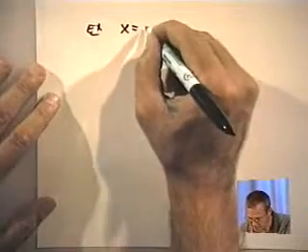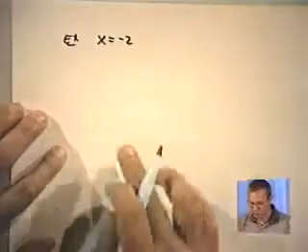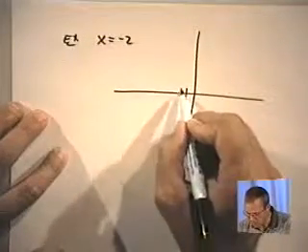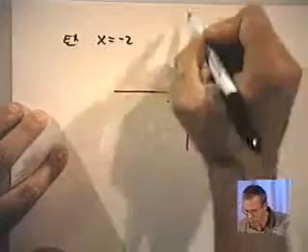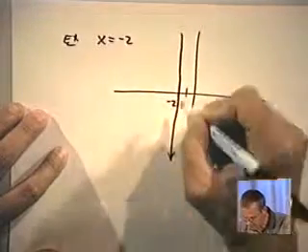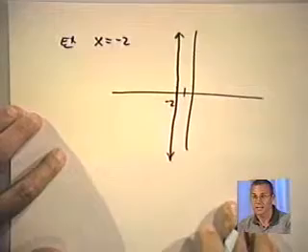X equals negative 2. Well, we can quickly see that the x value must always be negative 2. The y value doesn't matter, so this is a vertical line that goes through the point negative 2.